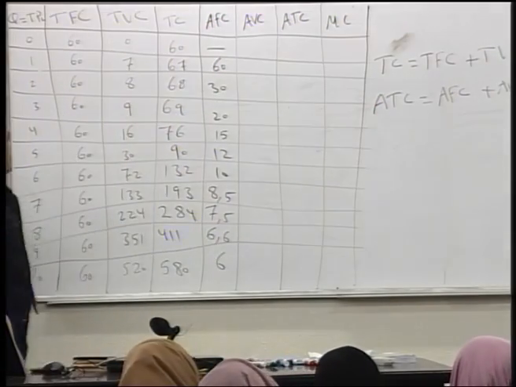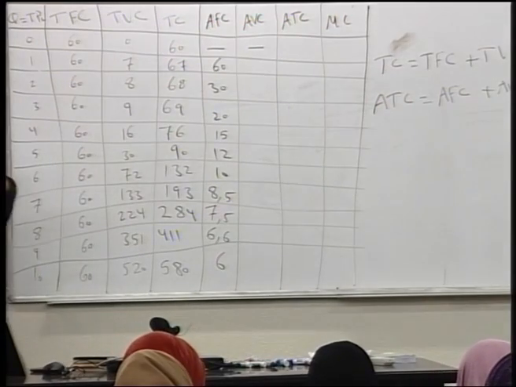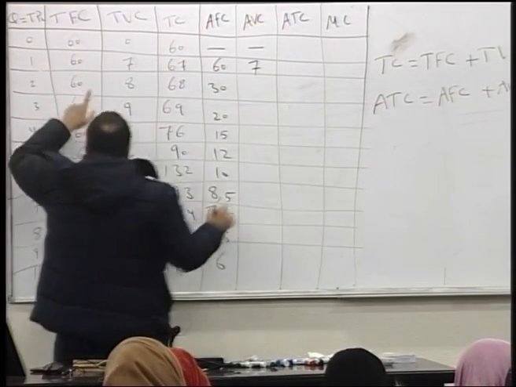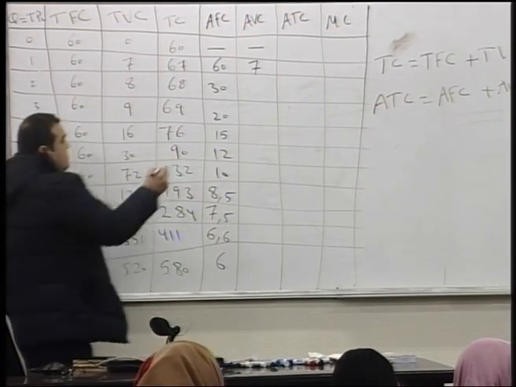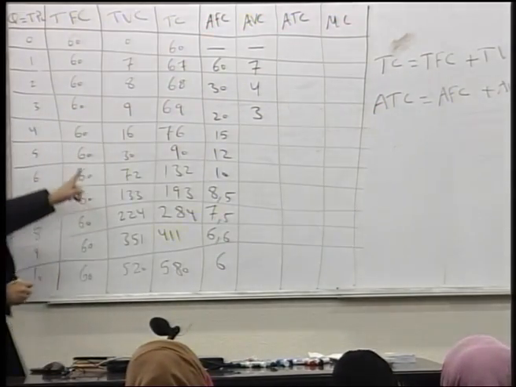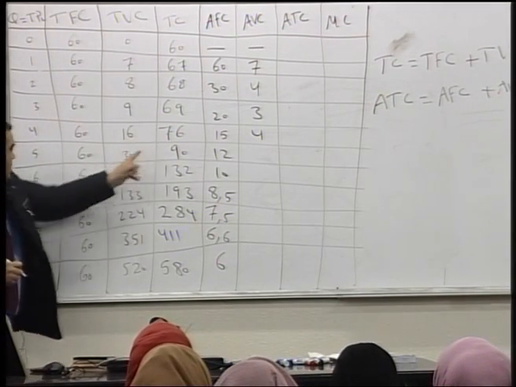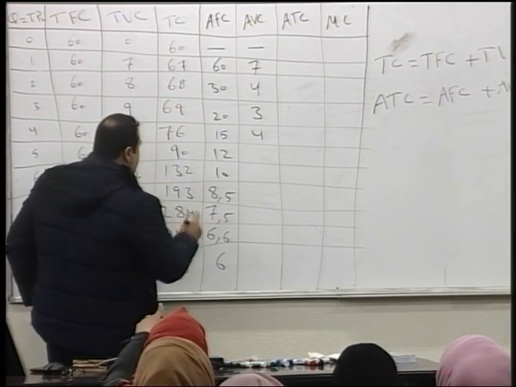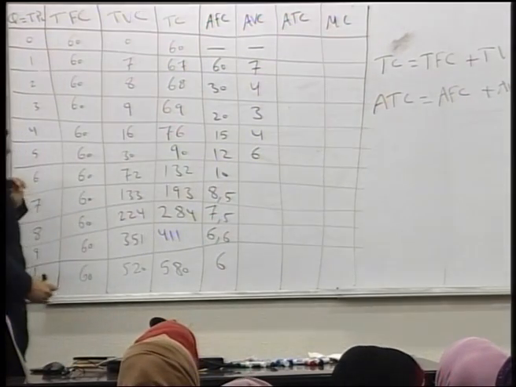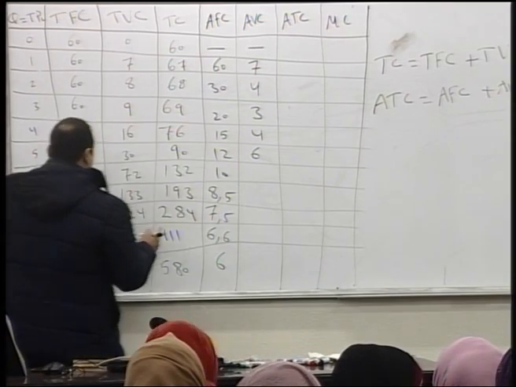The same for average variable cost. Average variable cost equals total variable cost over Q. 7 over 1, 7. 8 over 2, 4. 9 over 3, 3. 16 over 4, 4. 30 over 5, 6. 72 over 6, how much is it? 9. 10, 12.